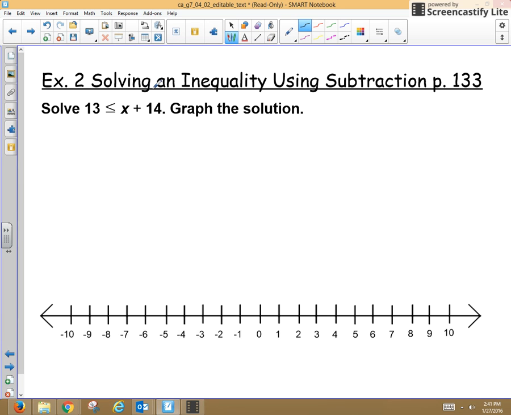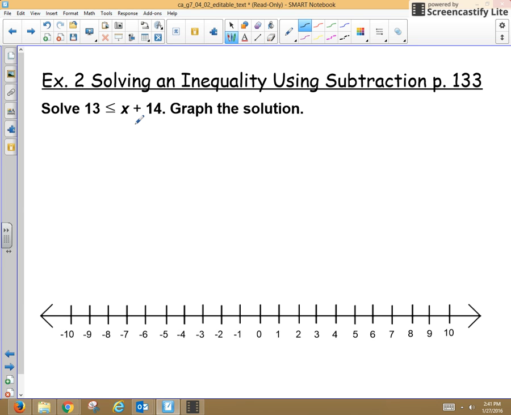Okay, example 2 is solving an inequality. This time we will be using subtraction. So we have 13 is less than or equal to x plus 14. I need to isolate the variable x. So I will use the inverse operation to get rid of the number next to it. Instead of plus 14, I need to get rid of this so that I can get x alone.